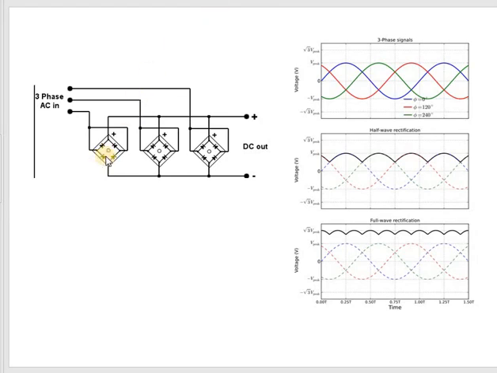In this diagram, we are looking at three rectification circuits that supply each phase, so that we can now rectify the negative pulse and flip it into the positive pulse. So the ripple that is created by the three phases can now be reduced.